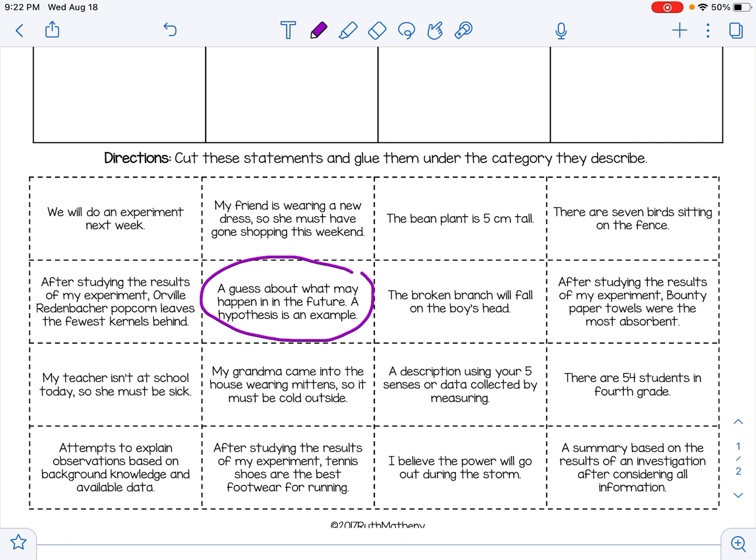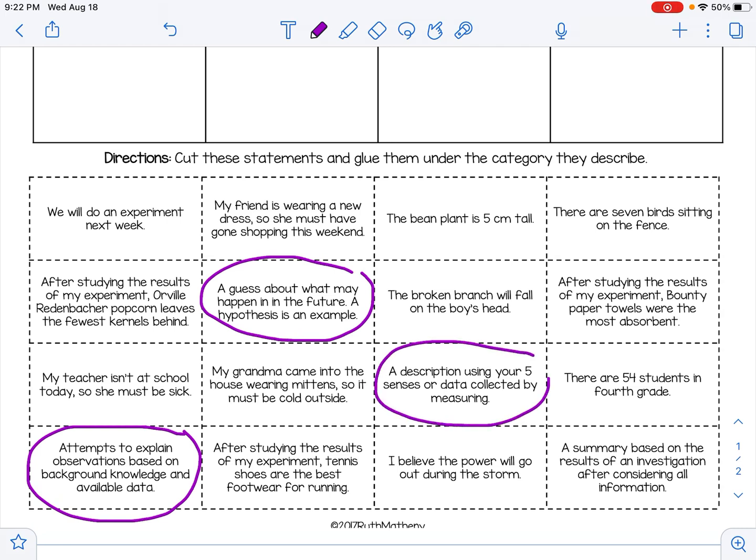A guess about what may happen in the future. A hypothesis is an example. All right, and here is another definition. Attempts to explain observations based on background knowledge and available data. So let's find another definition.